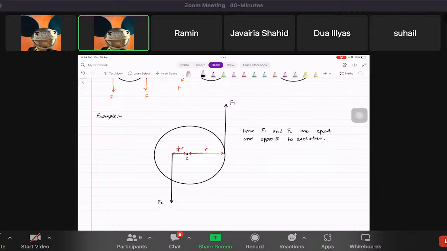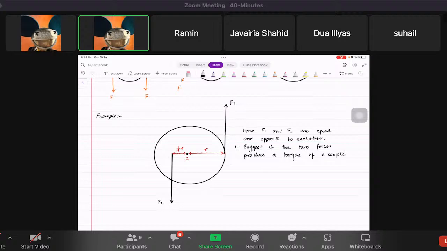Now they say, suggest if the two forces produce a torque of a couple. Alright, number one.